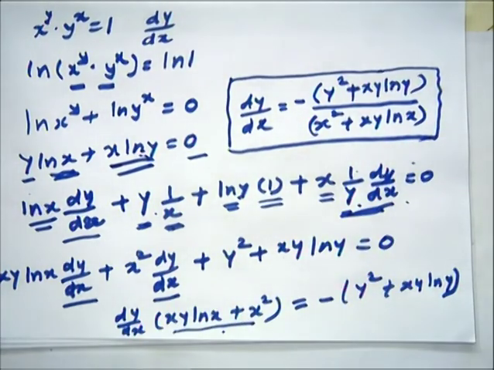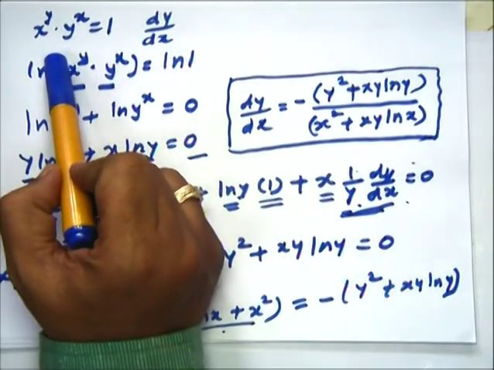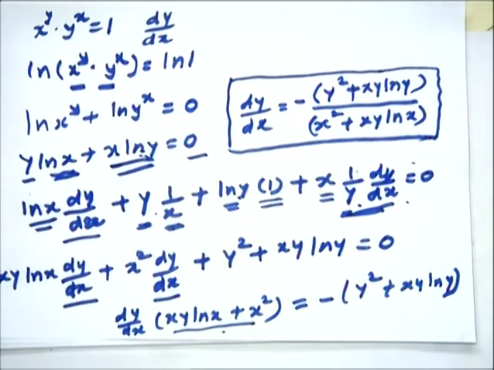So here, in this function, we have x raised to y into y raised to x. So we have a product of two functions. They have variable base and variable power, but as they are a product, we can take log directly.